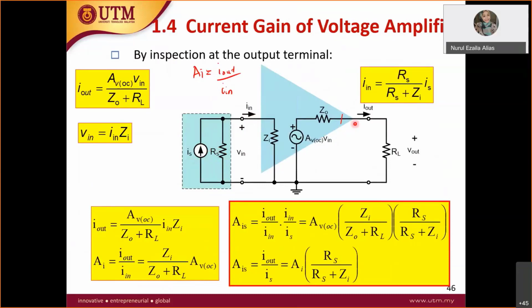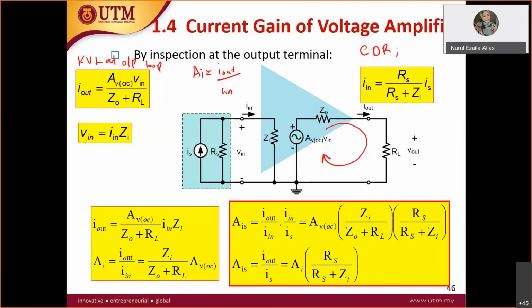For the I out, how they get I out here is actually from KVL. The I in is from the current divider rule, CDR. The I out is actually KVL at the output loop. So they apply it like this.